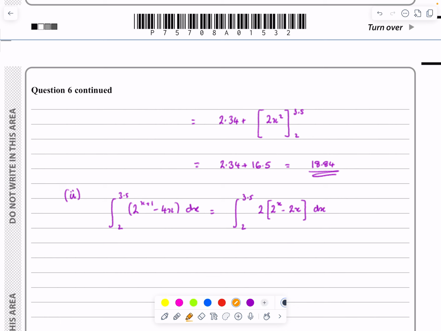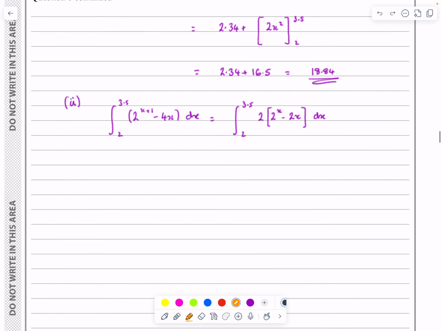And that's really clever, because this bit here was all the original thing that we had. So I've simply got that multiple of 2 in there. The multiple of 2 can come out of an integral. So I've got 2 lots of the integral between 3.5 and 2 of 2 to the x minus 2x dx, which means I've got 2 lots of my original thing, and my original thing was 2.34.